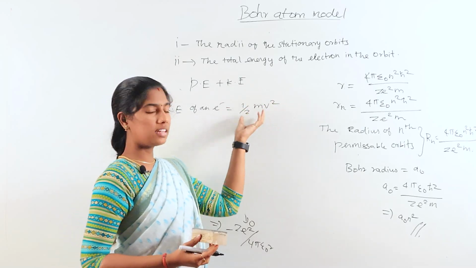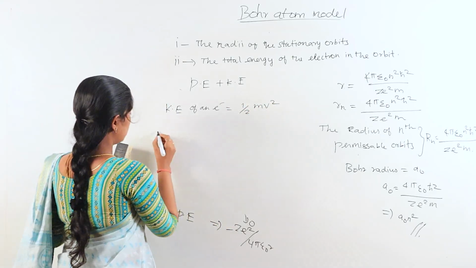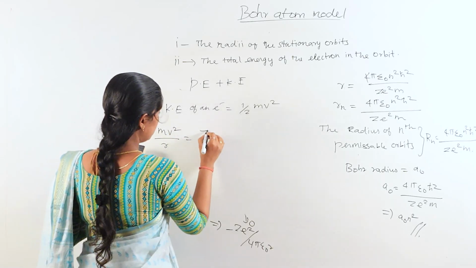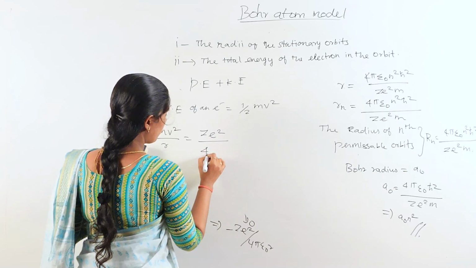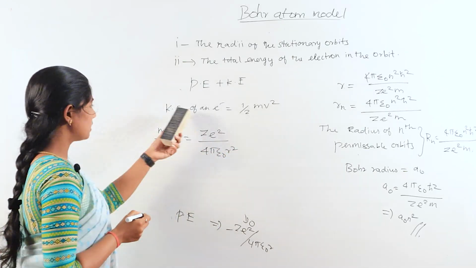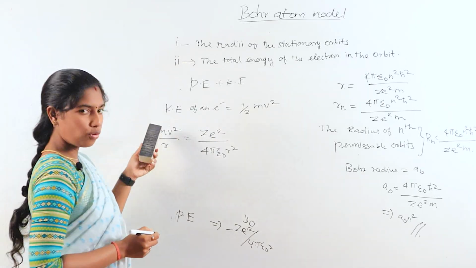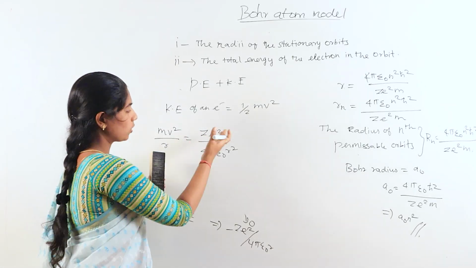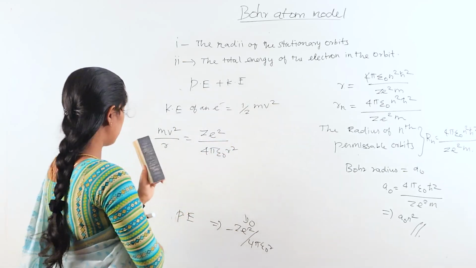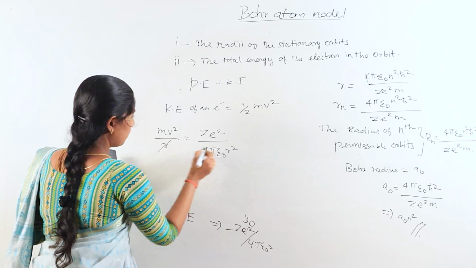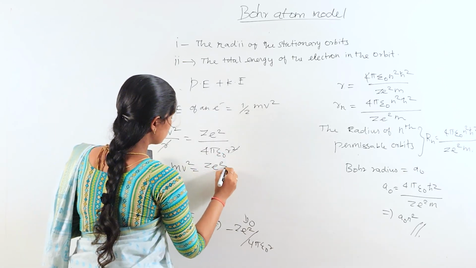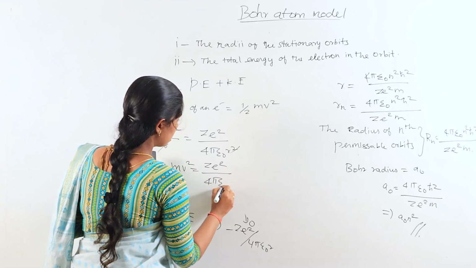From that we can write mv squared by r equal to Ze squared by 4 pi epsilon naught r squared. This is nothing but the centripetal force, which is equal to the electrostatic force of attraction between the nucleus and the electron. Now we cancel a term, so mv squared equals Ze squared by 4 pi epsilon naught r.